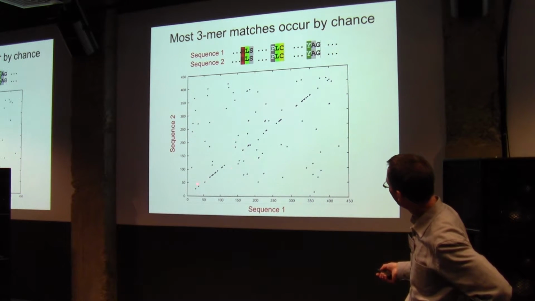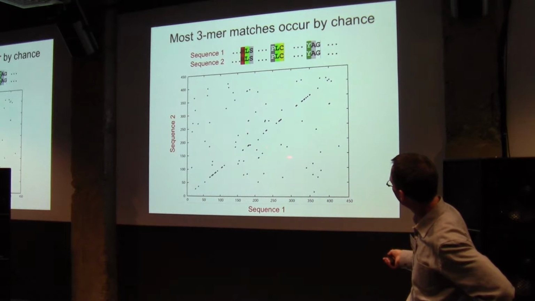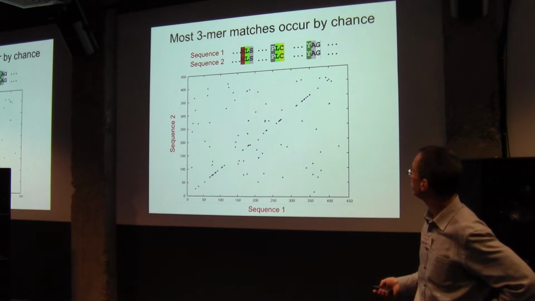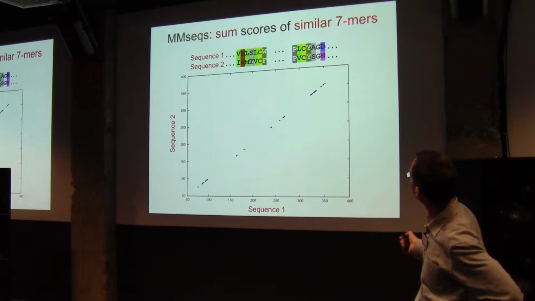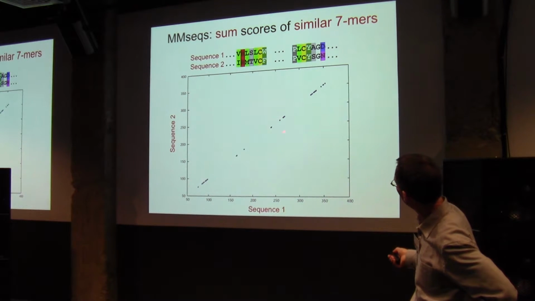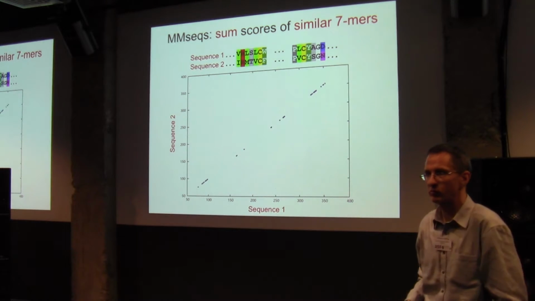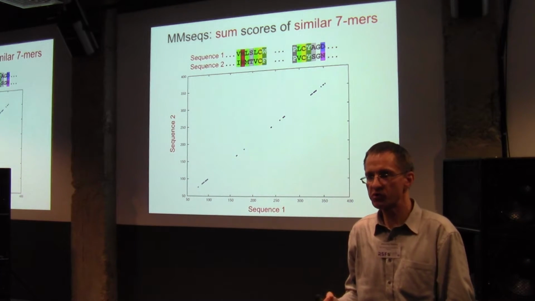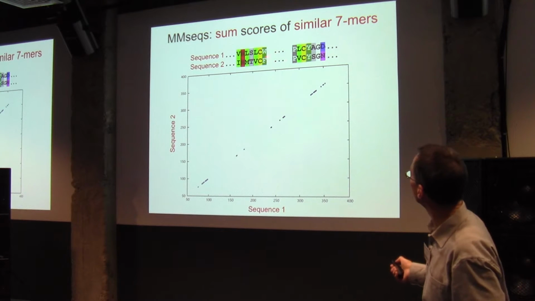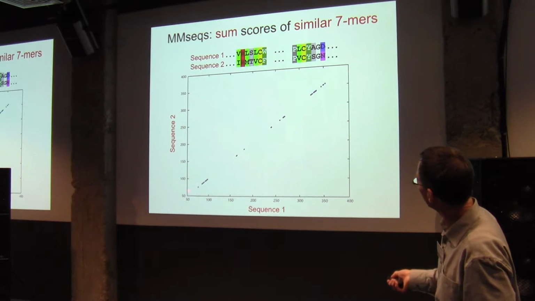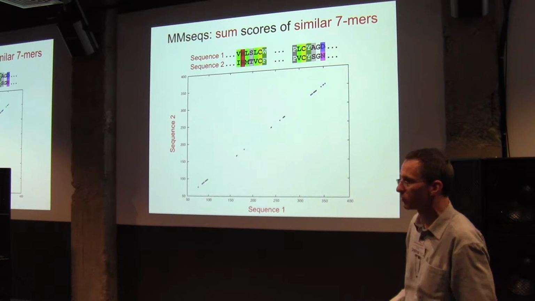And you see, this is the true alignment, but a lot of the 3-mers match by chance. But if you now use similar 7-mers, you have roughly the same number of matches here, but you have no false positive matches anymore. That's because a 7-mer is much more specific than a 3-mer. And through the similarity, we still get a sufficient number of hits.